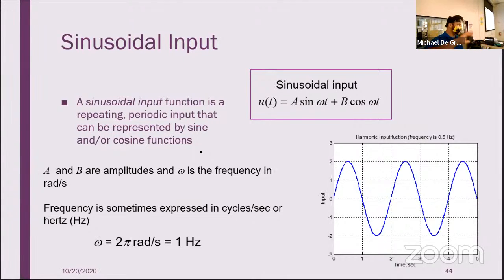So in general, we can write our input as u of t equals A sine omega t plus B cosine omega t, because, as we'll find out, you can decompose things in the Laplace domain into sine and cosine via Euler's theorem. So A and B are amplitudes, omega is the frequency. The frequency is sometimes expressed in cycles per second, or hertz. So 2 pi radians per second is 1 hertz.